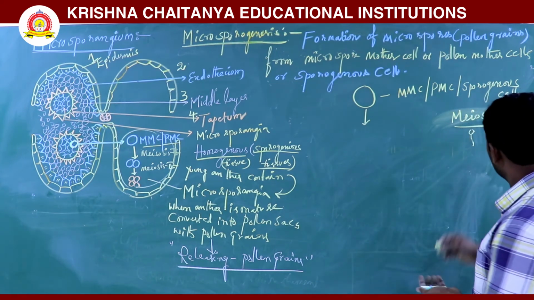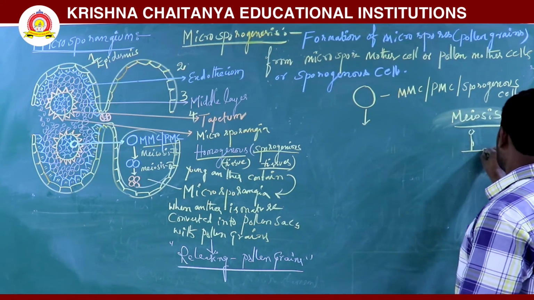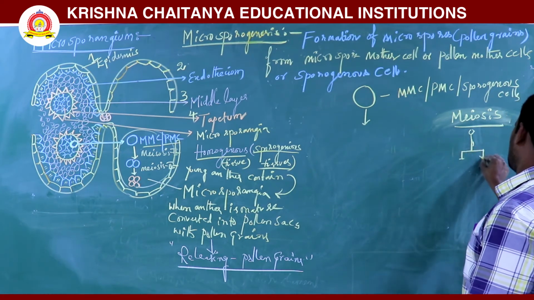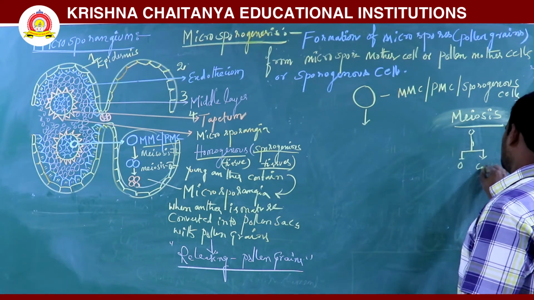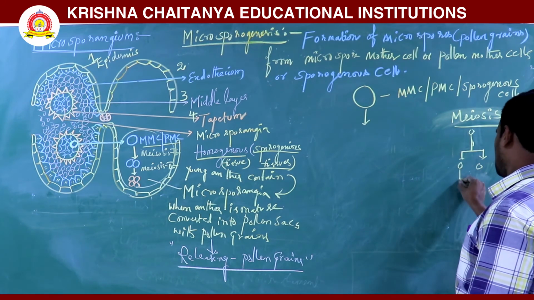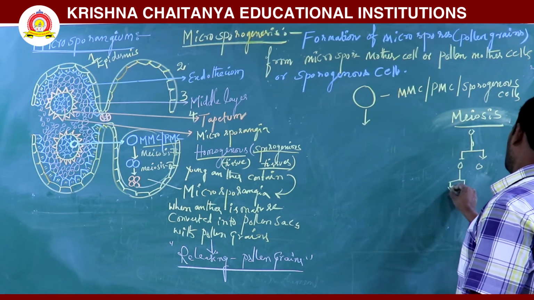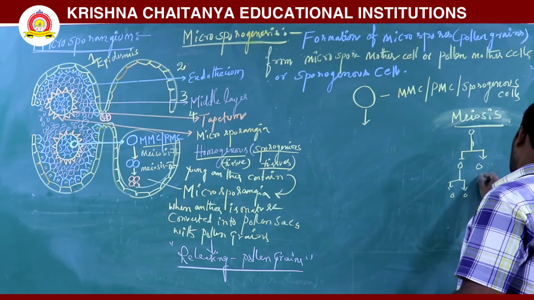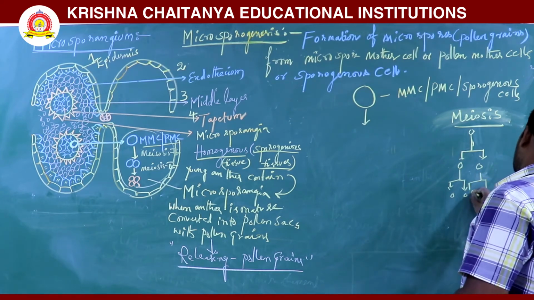In the first meiosis it produces 2 cells. Next, in the second meiosis, 4 cells are produced, in total 4 cells.